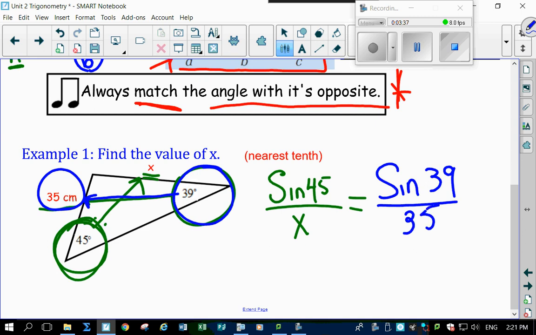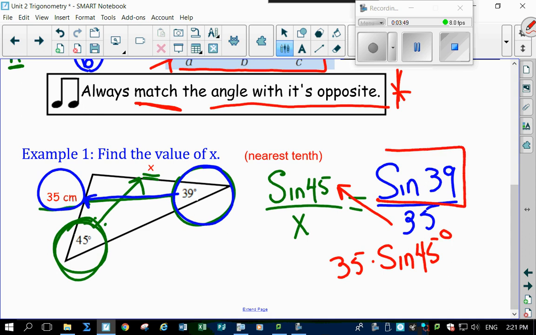Sweet, excellent. How do I solve this? Real simple, cross multiply. So you've got 35 times the sine of 45, and you're going to divide by the number that remains, sine of 39. And guess what? That would be your value of x.